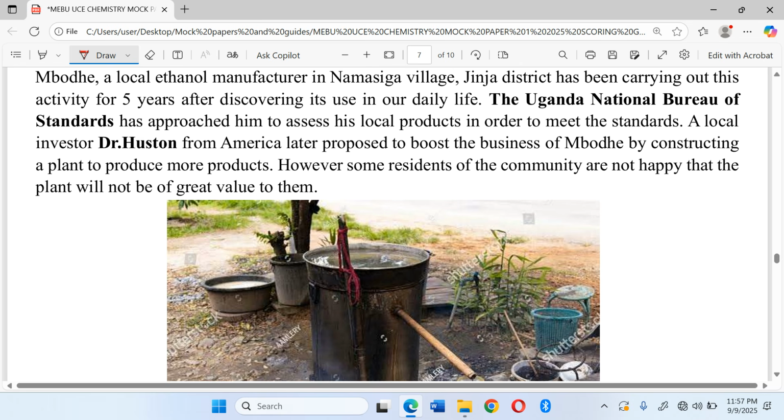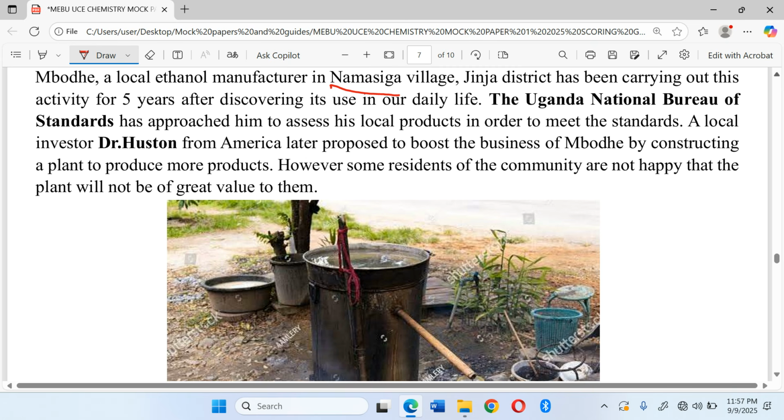Item 5 is saying: Body, a local ethanol manufacturer in Namasiga village, Jinja district, has been carrying out this activity for 5 years.